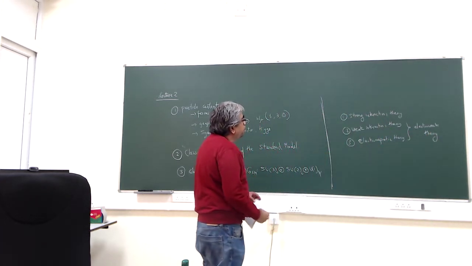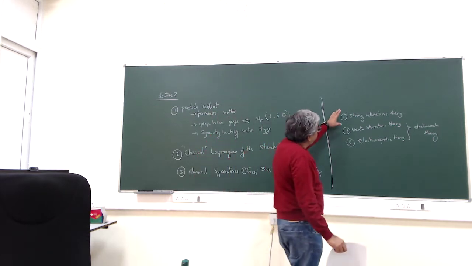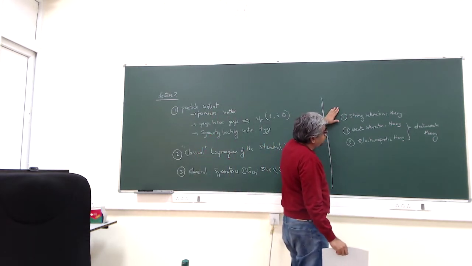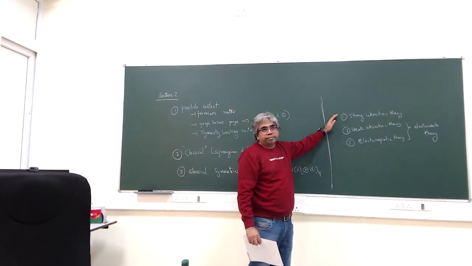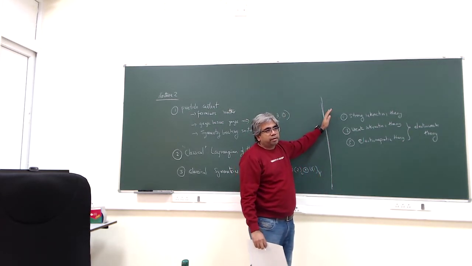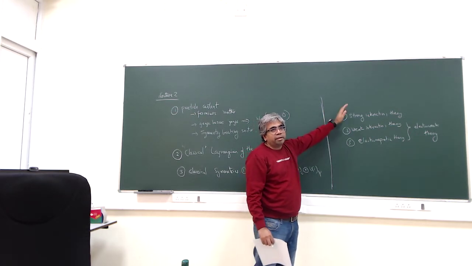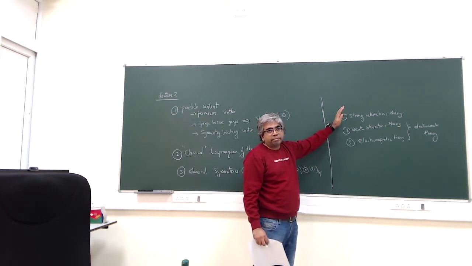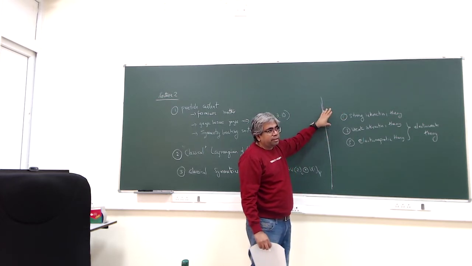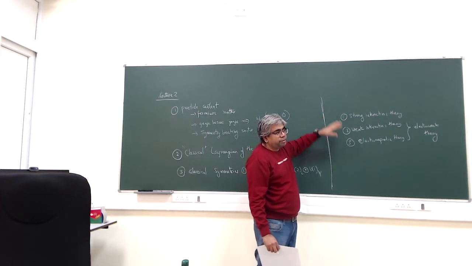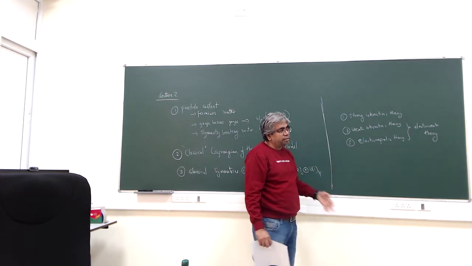Now, in strong interactions at low energies, there is this concept of approximate symmetries. At high energies, the symmetry is exact. At low energies, there is this concept of approximate symmetry, which goes by the name of chiral symmetries.